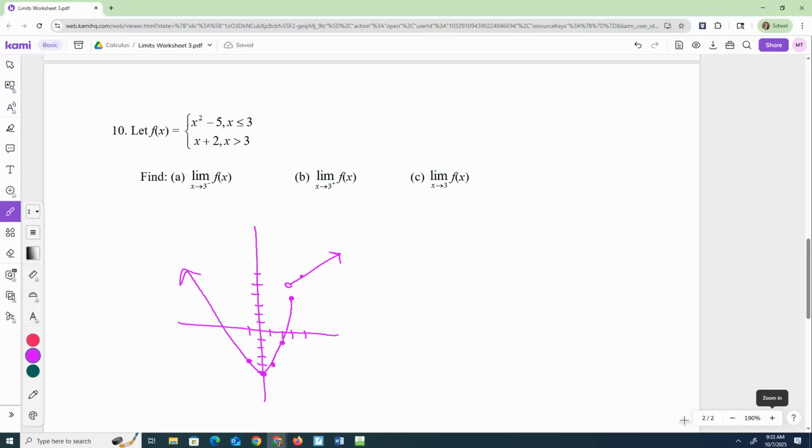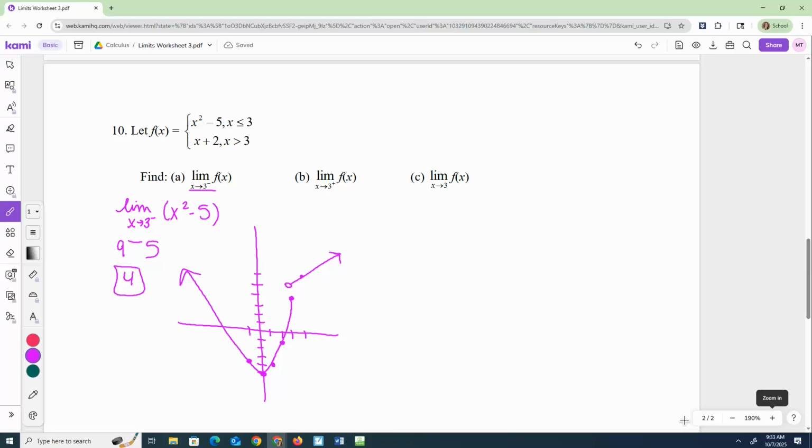If you're approaching 3 from the left, which piece are you on? You're less than 3, you're on the top one. So you get 9 minus 5, or 4. Is that what happened on my graph as I'm coming in from the left? Did it go to 4?